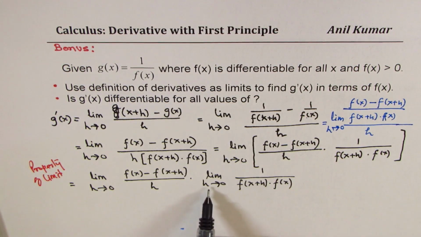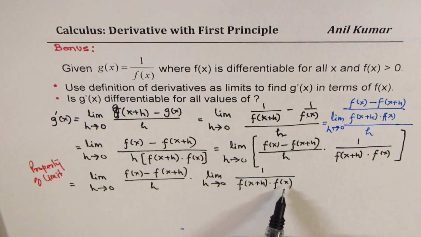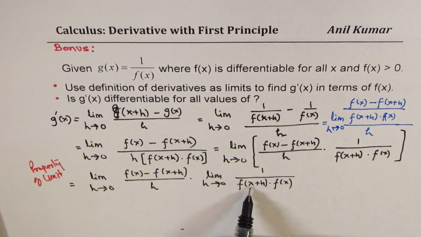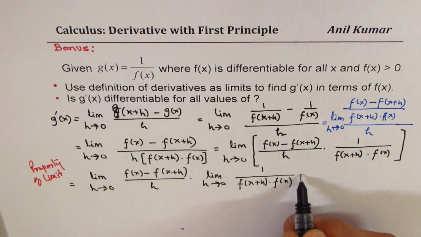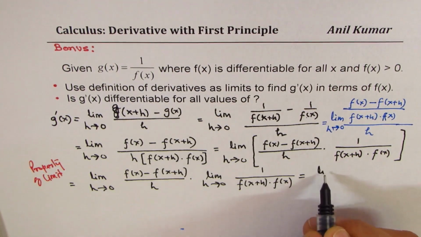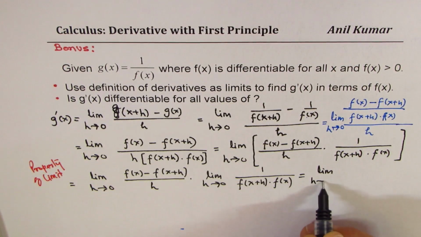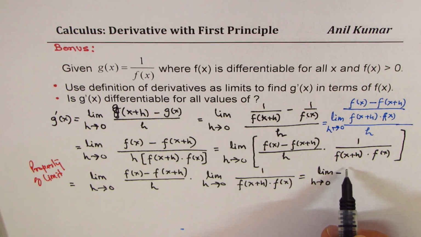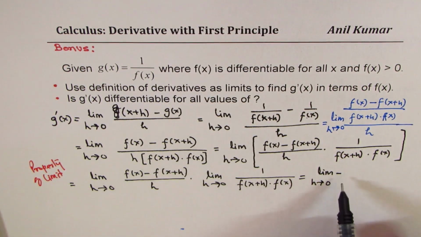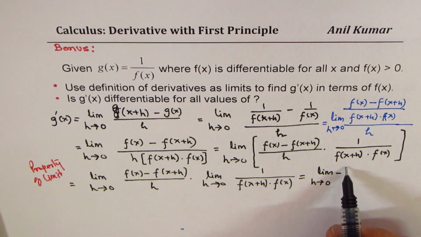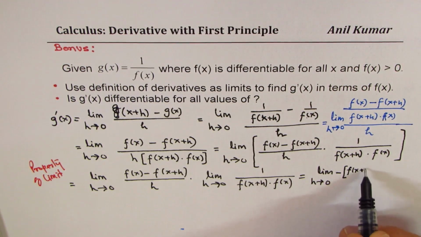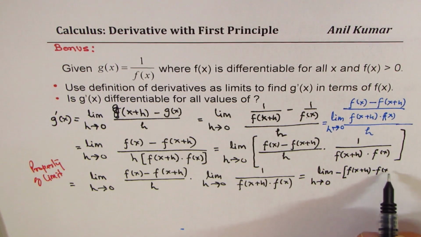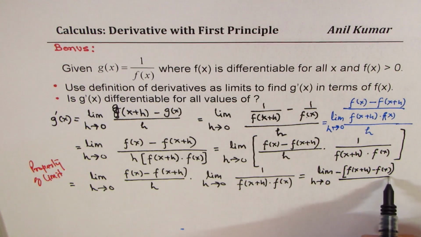And here, if I replace h with 0, then I get f of x whole square. So we could rewrite this as the limit as h approaches 0. This is a very critical step. I'm just taking the negative outside for that function and writing this as f of x plus h minus f of x over h.